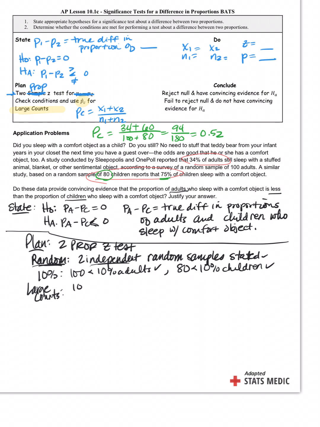So when I do my adults, it's going to be 100 times 0.52, 100 times the complement, 0.48, which is pretty simple. Okay, those pass. And then I do the children, which the sample was 80.